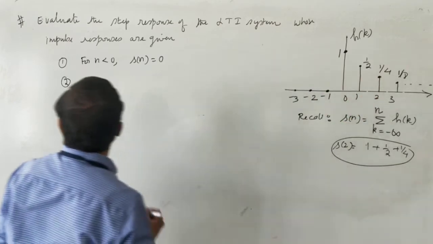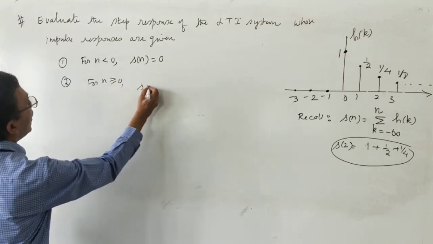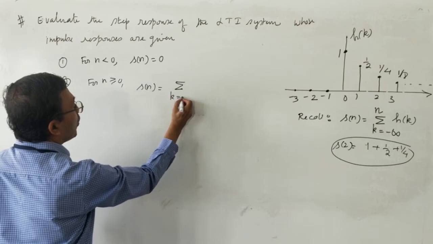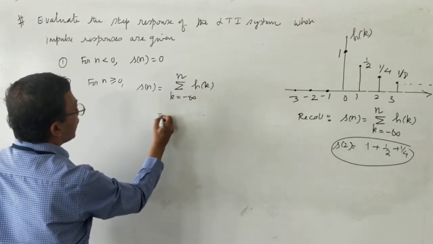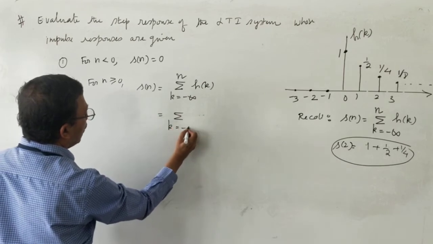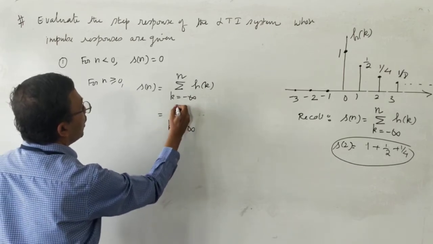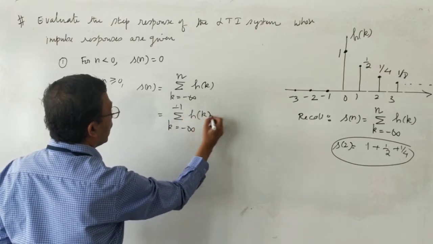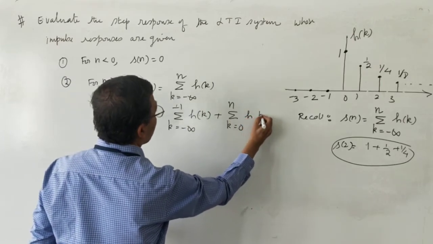Now we'll generalize. For n greater or equal to 0, what will be S of n? S of n is summation k equals minus infinity to n on h of k. This I will write as summation k equals minus infinity to minus 1 on h of k plus summation k equal to 0 to n on h of k.